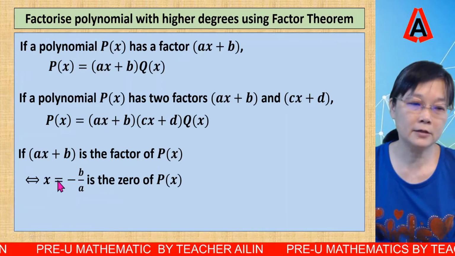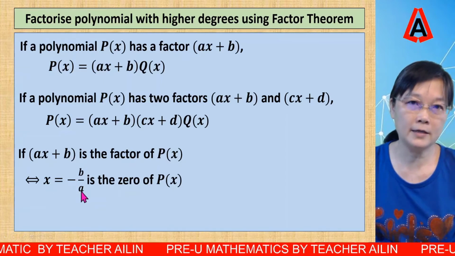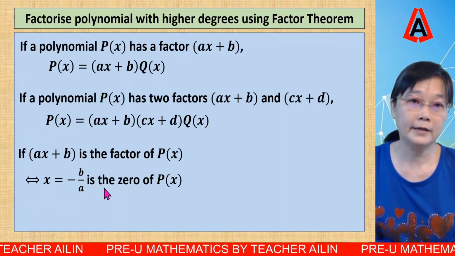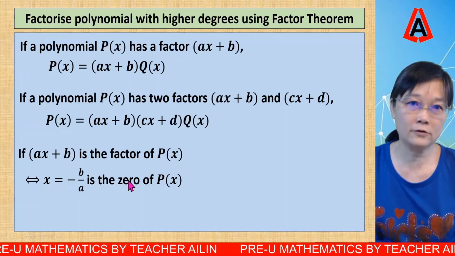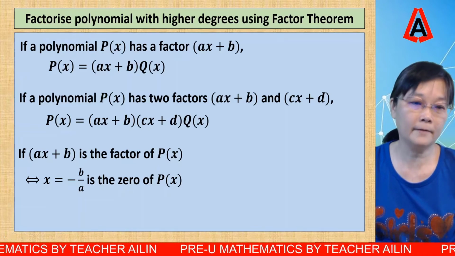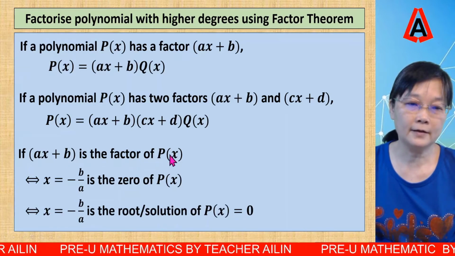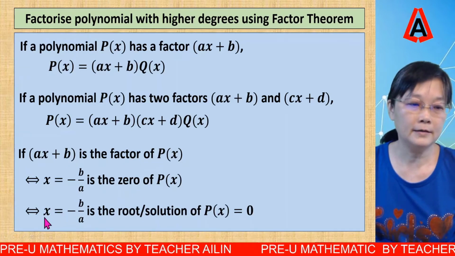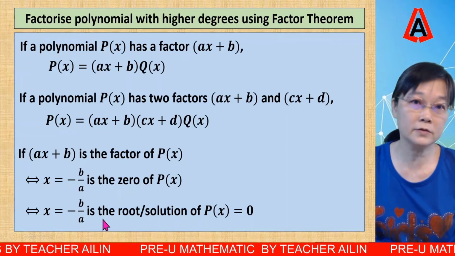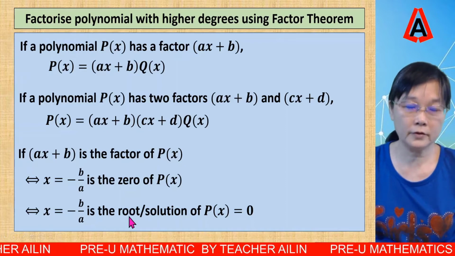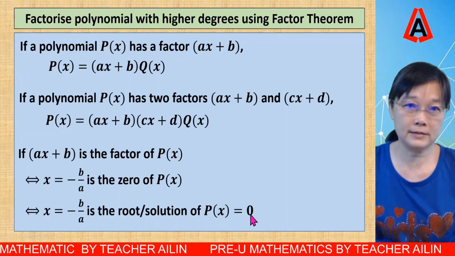Because when we substitute the x with -b over a into the polynomial, then the result is equal to 0. So that's why we call it a zero of the polynomial. And if ax plus b is a factor of the polynomial, then this value of x equals -b over a is also known as the root or the solution of p(x) equals 0.